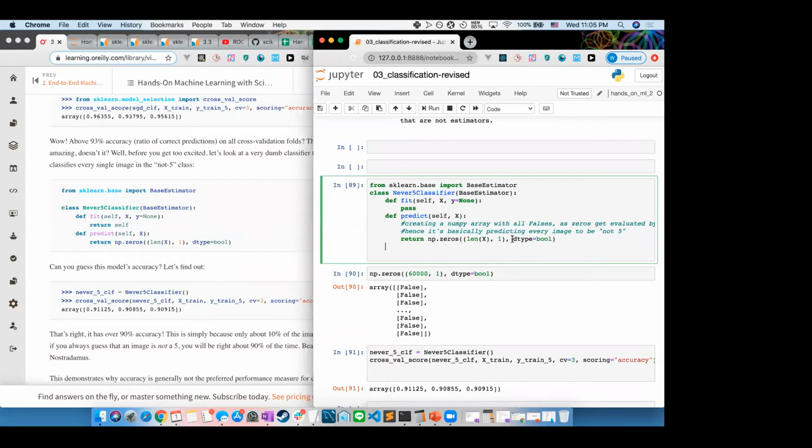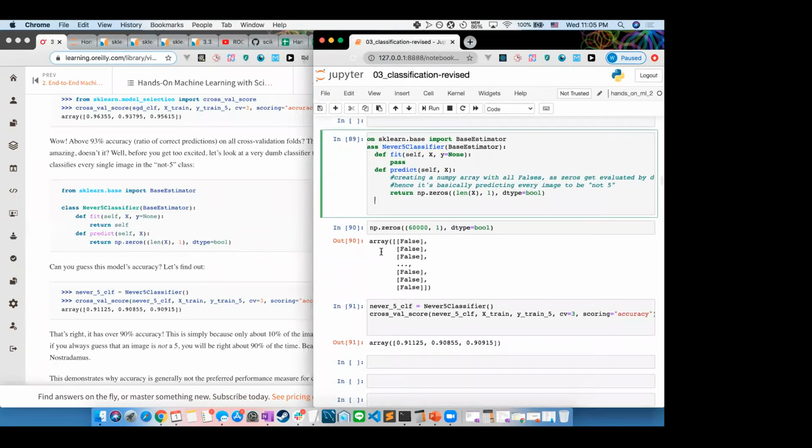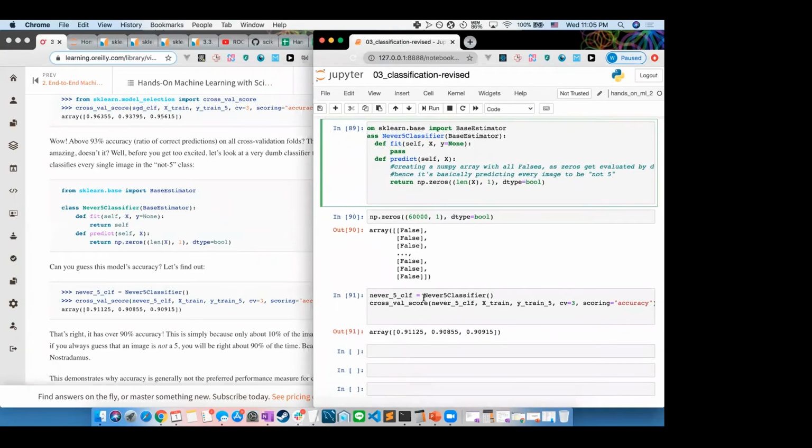But then you use dtype equals bool. So basically, it's just creating a NumPy array with all Falses, as zeros get evaluated by dtype equals bool. Hence, it's basically predicting every image to be not 5. And again, this is what it looks like.